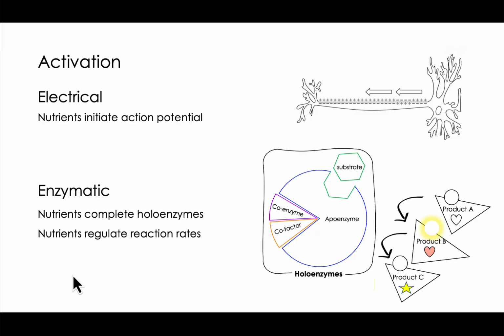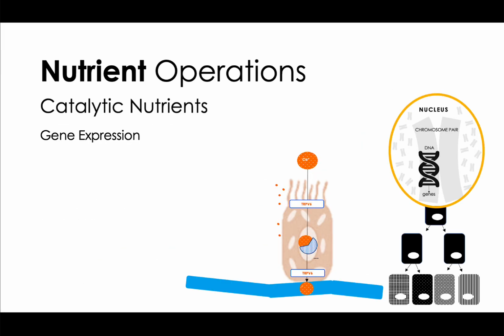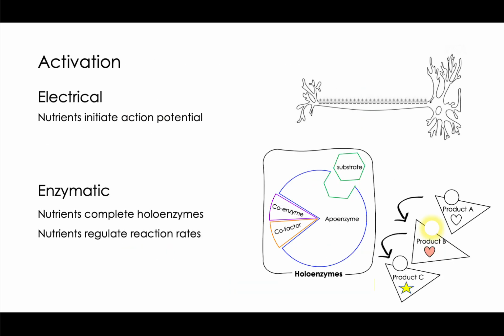So nutrients not only do what did I call it? Operational or catalytic roles, not only in gene expression, but also in activating enzymes and action potential. You're probably like, wait, what? But when I talk about the electrical signaling and it comes down and it meets at the muscle fiber, well, calcium is one of the major ions or electrochemical signals that are sent.